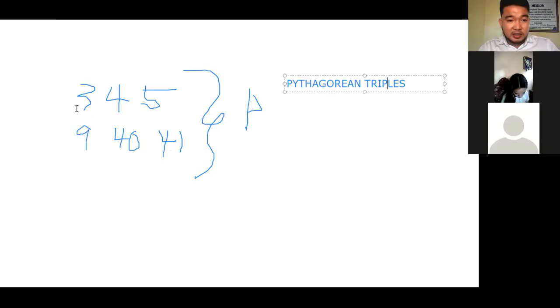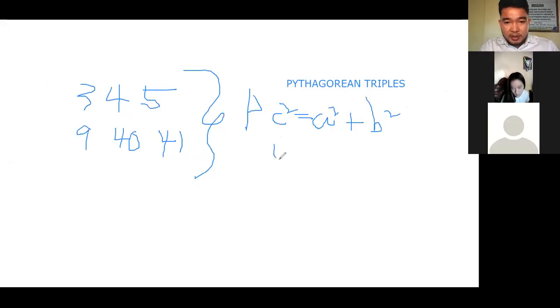So let us try. Itong 3, 4, 5. So 3, 4, 5, our Pythagorean theorem. So that is C squared is equal to A squared plus B squared. So by substitution, our C here is 5. So you will have 5 squared is equal to A squared, which is 3 squared plus 4 squared.